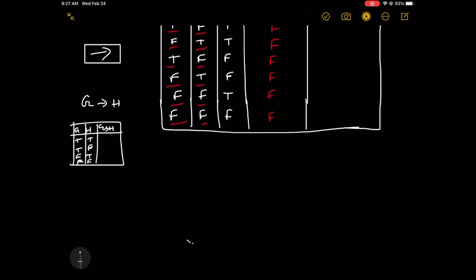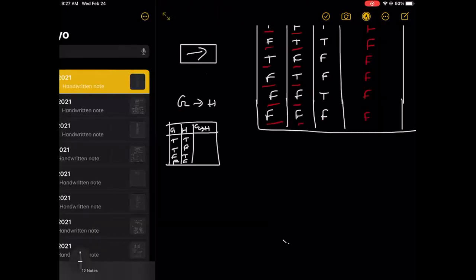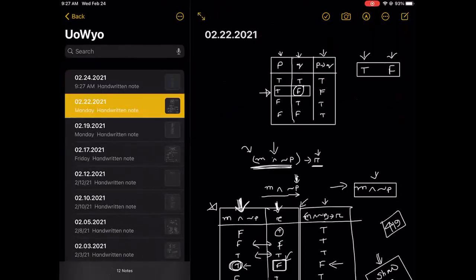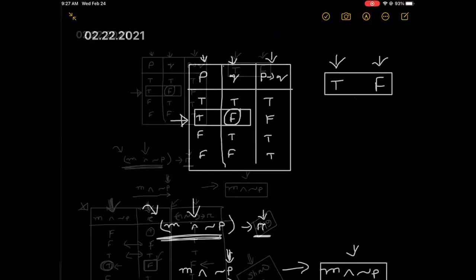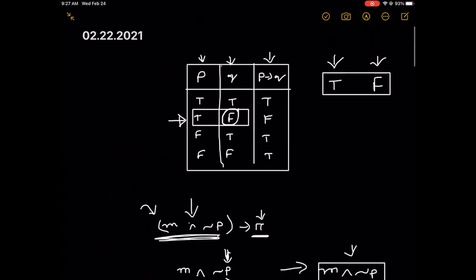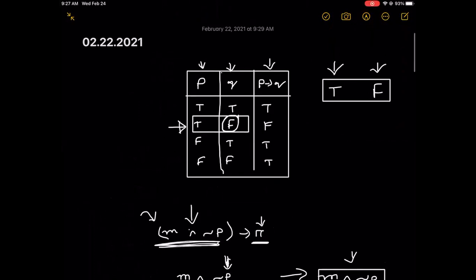So for conditional, if you remember, let me quickly show you the previous work. Here you go. I actually have it at the top. So when you have a conditional, the only way the final condition will be false is if the second condition is false, even though the first one is true. If you remember, here you can see I've actually marked it like this.